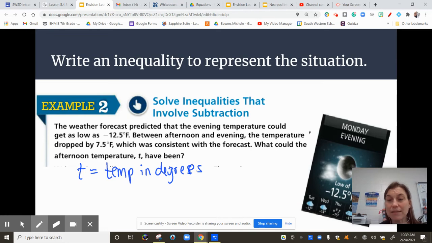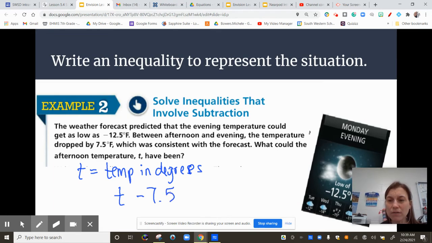And so the temperature starts out to be a certain temperature and then drops 7.5. So if the temperature dropped, that's subtraction. So it's going to drop 7.5 degrees.